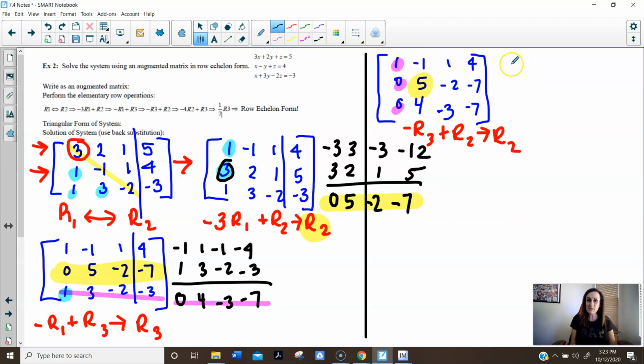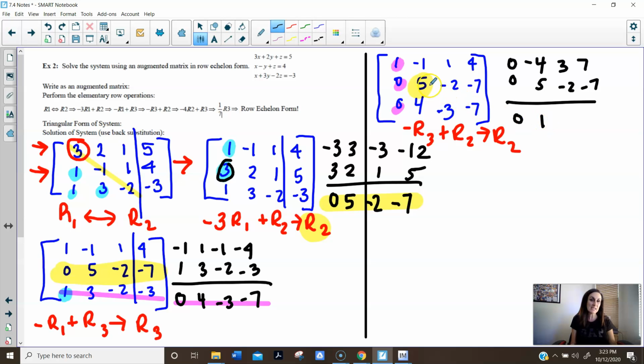The opposite of 0 is 0. The opposite of 4 is -4. The opposite of -3 is 3. And the opposite of -7 is 7. And I'm going to add that to row 2, which is 0, 5, -2, -7. 0 plus 0 is 0. -4 plus 5 is 1.